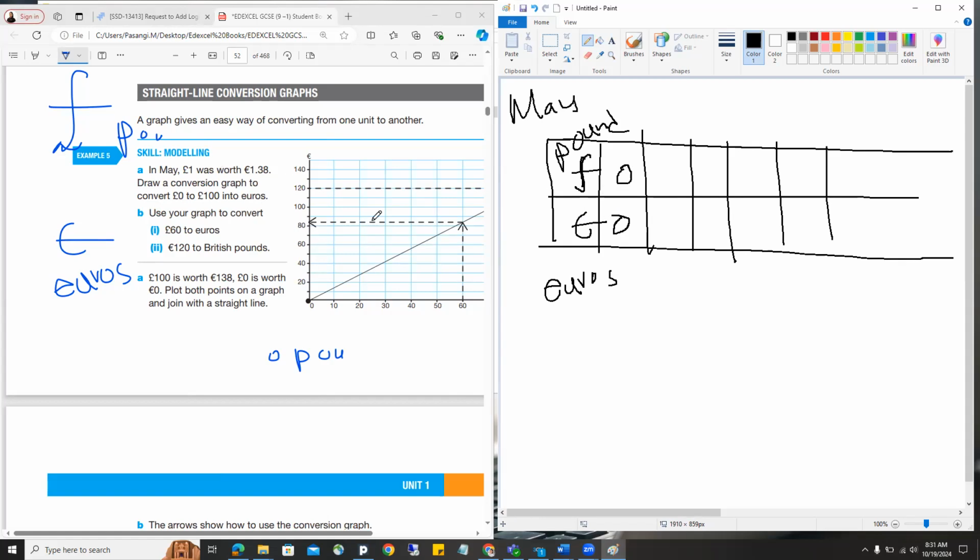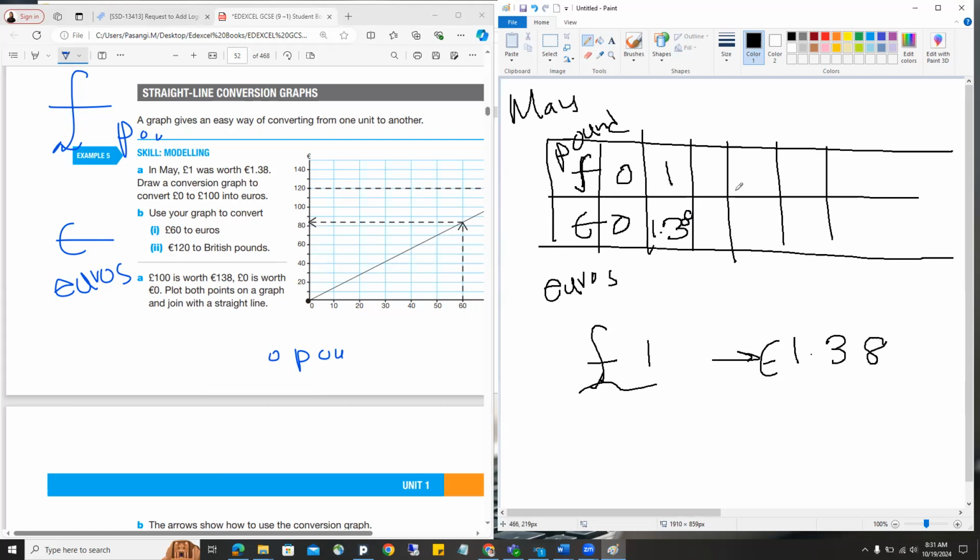Here they have given that £1 is 1.38 euros. That means if it's 1, here it is 1.38.